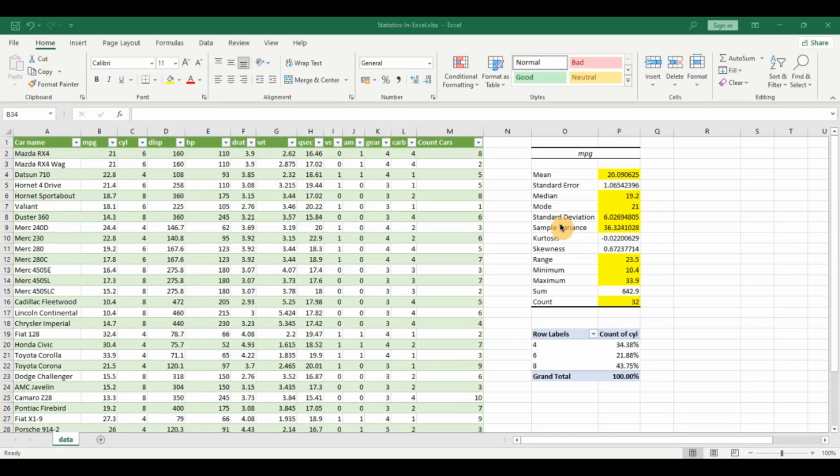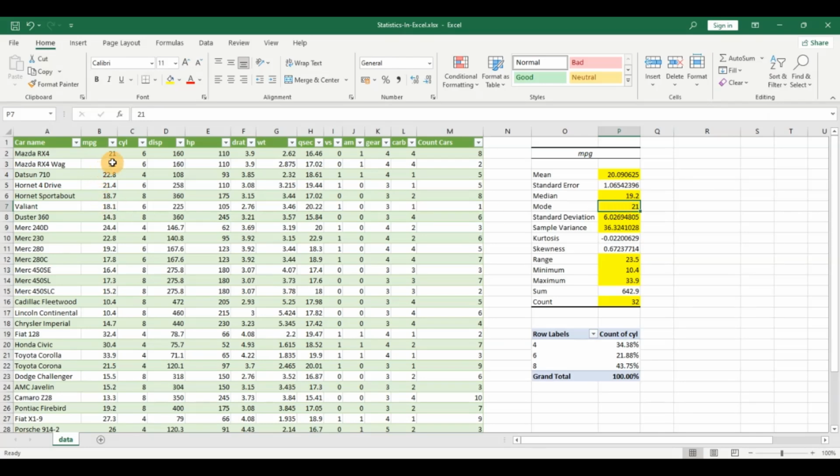So let's take a deeper look at it. First, in the last video we had done the descriptive statistics for this miles per gallon variable, and we found the measures of central tendency, which are nothing but the mean, median and the mode. They tell you something about your data. It is a single value that represents your data.